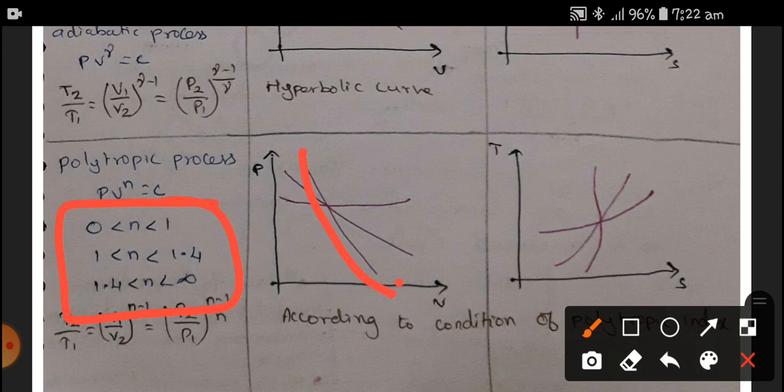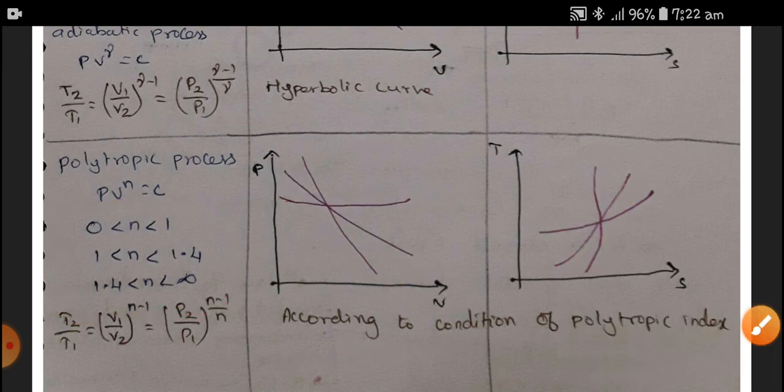When it is 1 to 1.4, it is like this. 1.4 to infinity is this. So the PV diagram and TS diagram have three more curves. According to the polytropic index, the PV and TS diagrams vary.